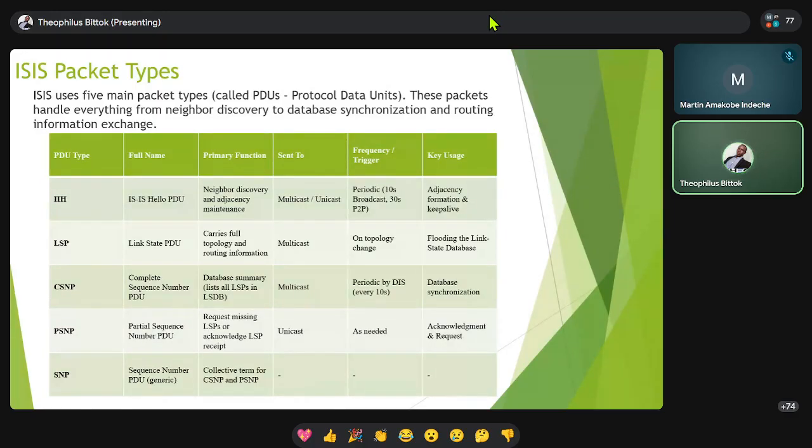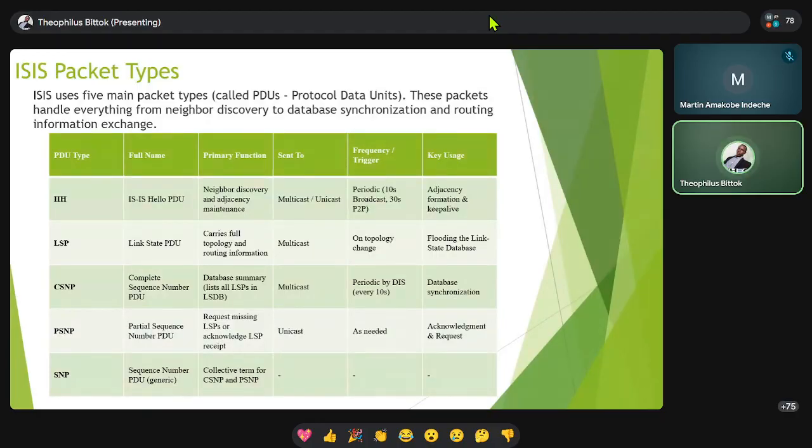When sending this hello packet, it may tell its neighbor, by the way, I also support IPv6, and my IPv6 address is this, and maybe the other one has configured an IPv6 address as well. So you'll find that the adjacency will be formed on both IPv4 and IPv6.